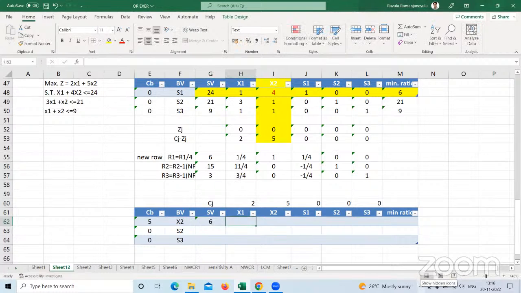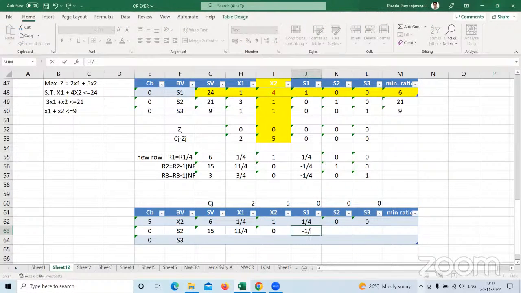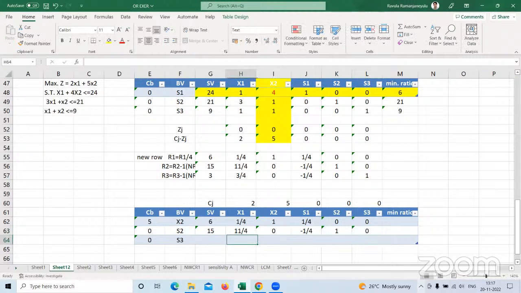What we got? 6, 1 by 4, 1, 1 by 4, 0, 10, 15, 7 by 4, 0, minus 1 by 4, 30, 3 by 4, 0, minus 1 by 4.